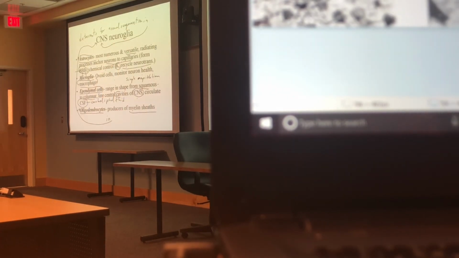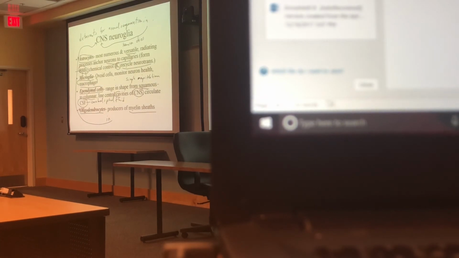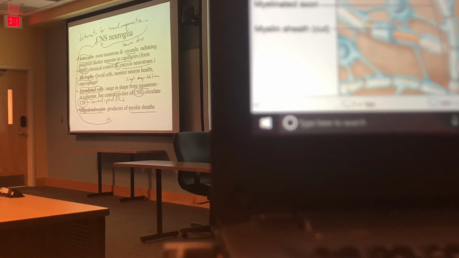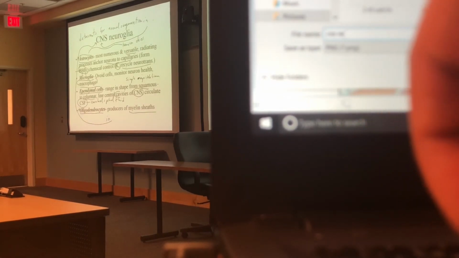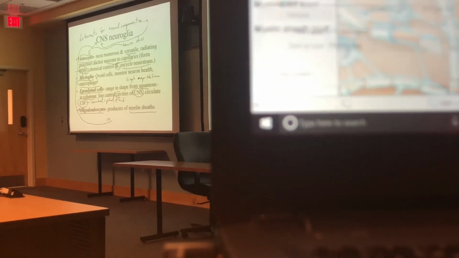When a neuron dies in the CNS, do you get a new neuron? No, you don't. When a neuron dies, it is replaced by an astrocyte. And that's what contributes to scar tissuing in the CNS, okay?